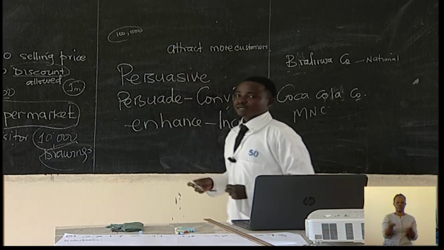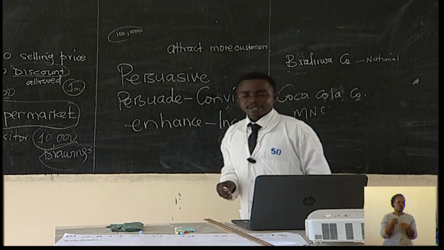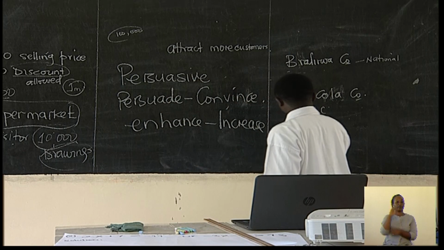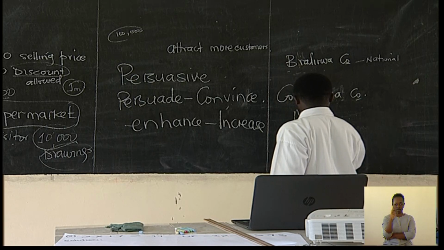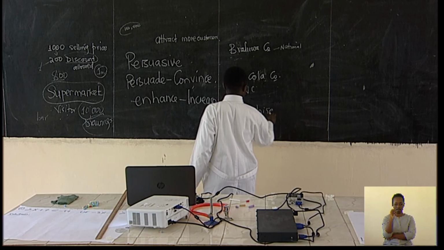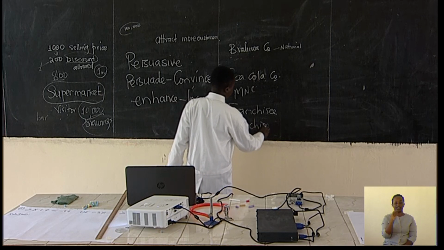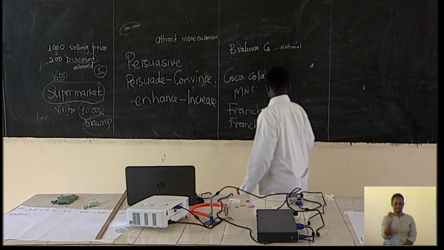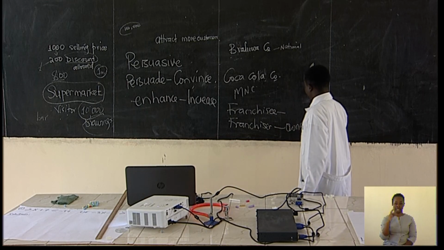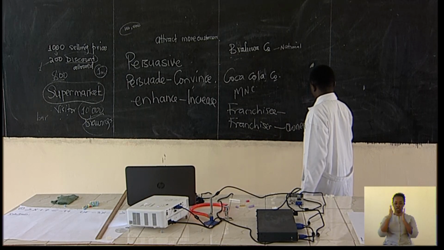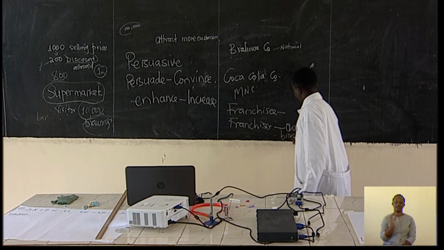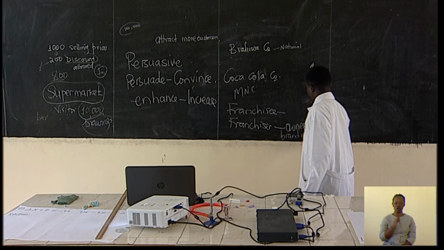We have 2 things here. We have the franchisee and the franchisor. The franchisor is the owner of the brand name or the trademark.